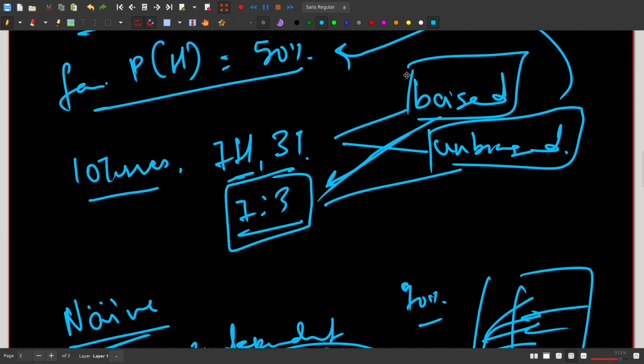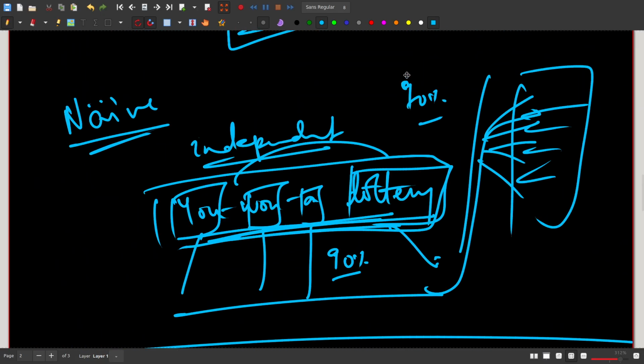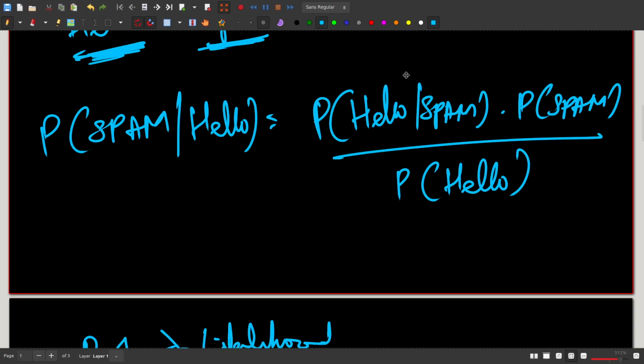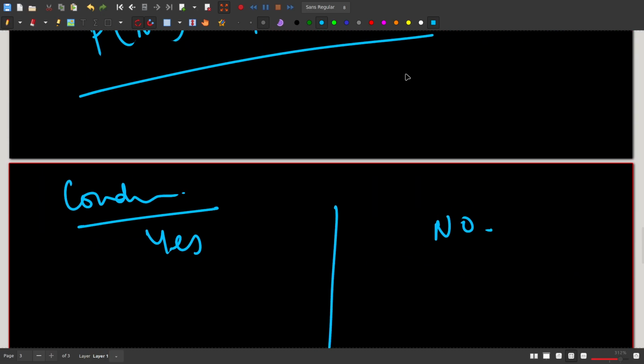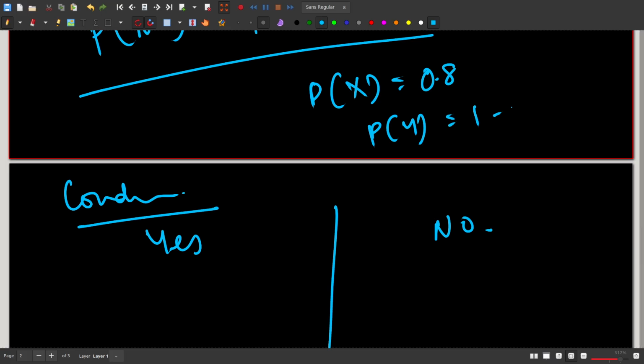Now when you calculate this naive Bayes stuff here, what actually ends up happening is you don't actually get a probabilistic thing. Generally you must be used to things like, if a coin toss occurs, let's say the probability of event X occurring is 0.8, then you can say that the probability of event Y occurring is 1 minus P of X, and therefore it is going to be 0.2.